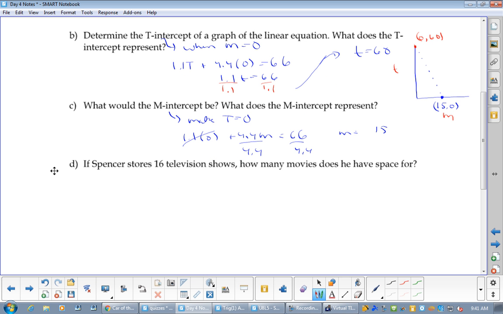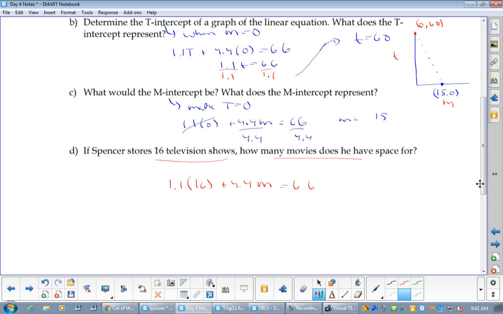So if Spencer bought 16 TV shows, how many movies would he have room for? Well, we just look to our original equation. 1.1 times 16 plus 4.4 times m equals 66.